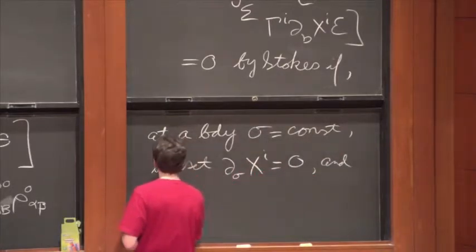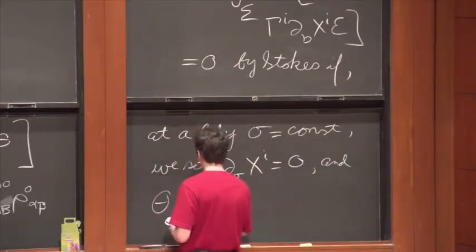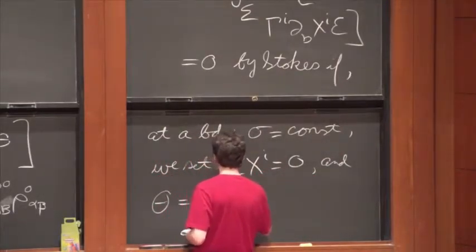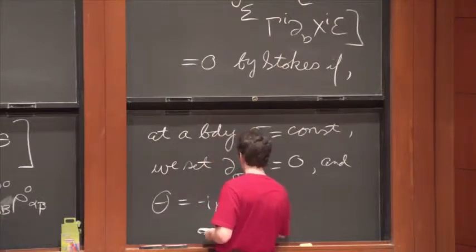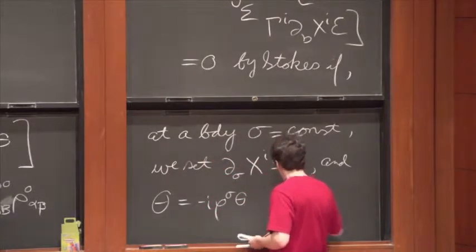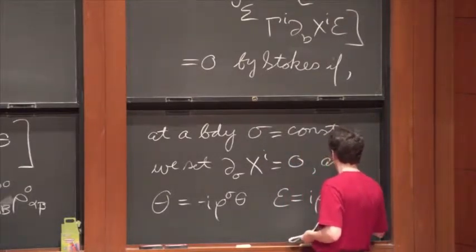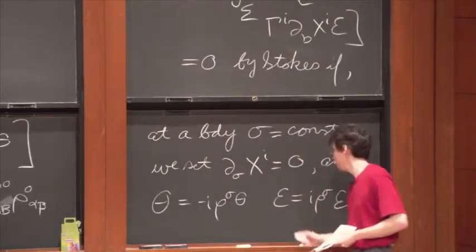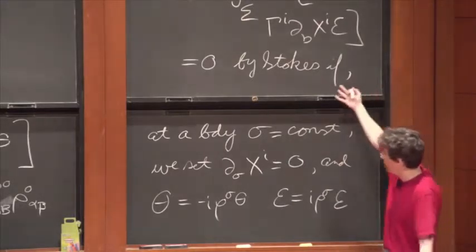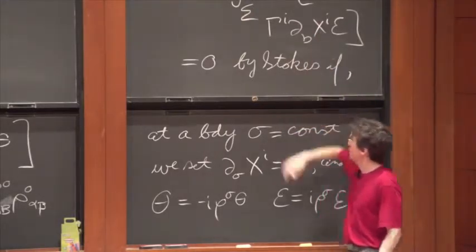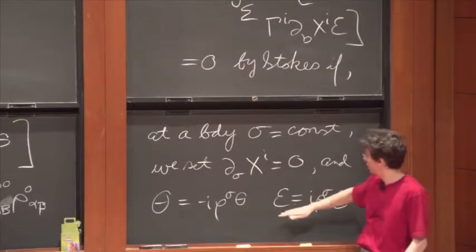And we set theta equals minus i rho_sigma theta, and we require epsilon equals i rho_sigma epsilon, then indeed you can show that the integrated form of this at the boundary is going to vanish.